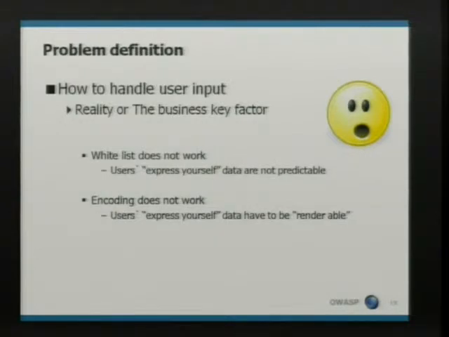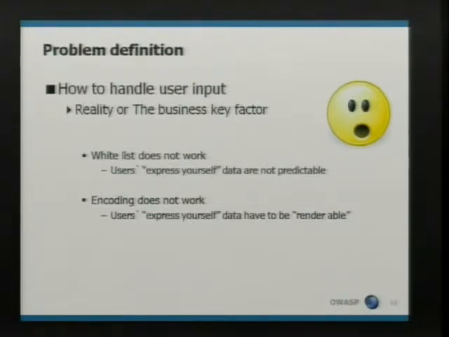The reality is that the whitelist approach does not match at all, because the user data is not predictable in any case. If you allow users to put in flash files, an example is that the previous talk about flash parameter injection was very good, by the way. If you followed this track, then you know how easy it is to break a very good cross-site scripting filter through a vulnerable flash file.